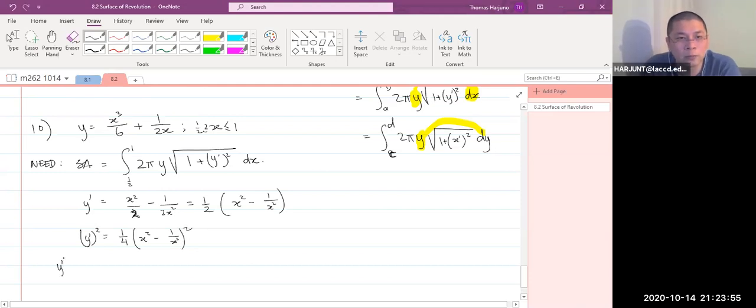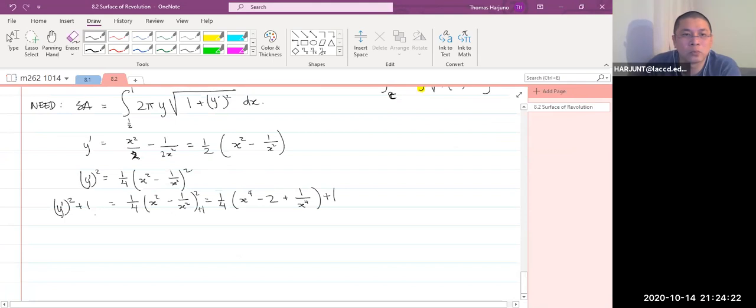When I add 1, that's 1/4 times x to the 4th minus 2 plus 1 over x to the 4th, plus 1, which equals 1/4 x to the 4th minus 1/2 plus 1/4 x to the 4th plus 1.